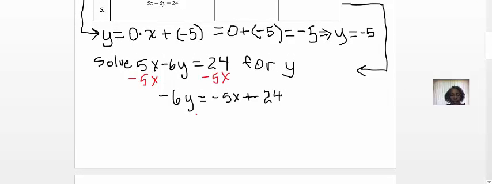And then I'm going to divide every term by negative 6 in order to isolate y on one side of the equation.